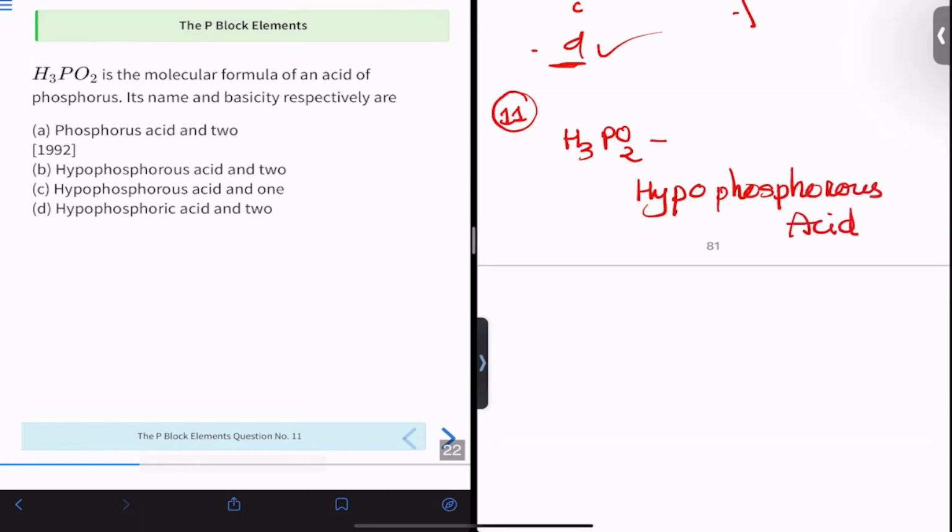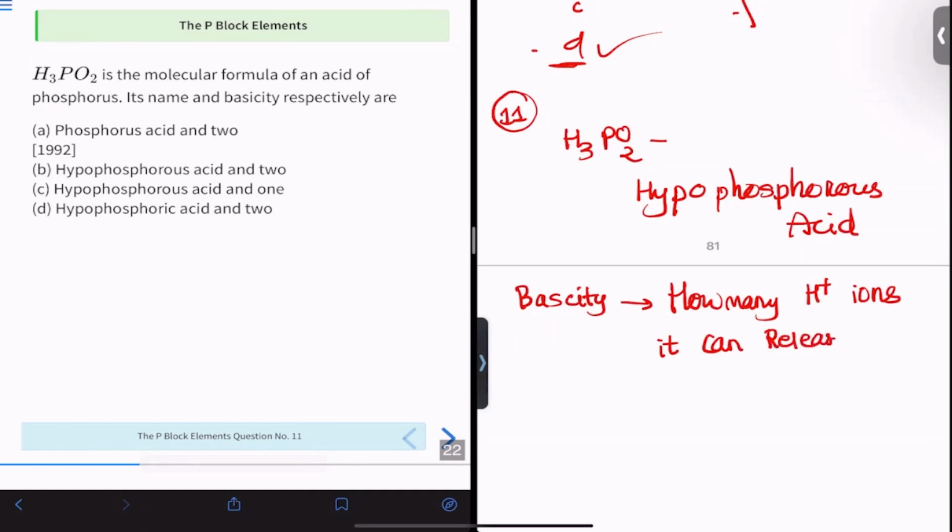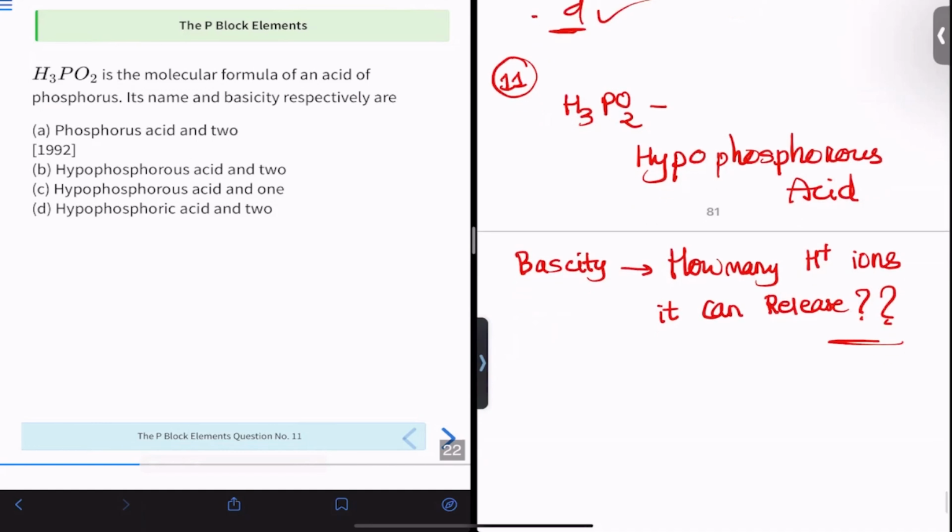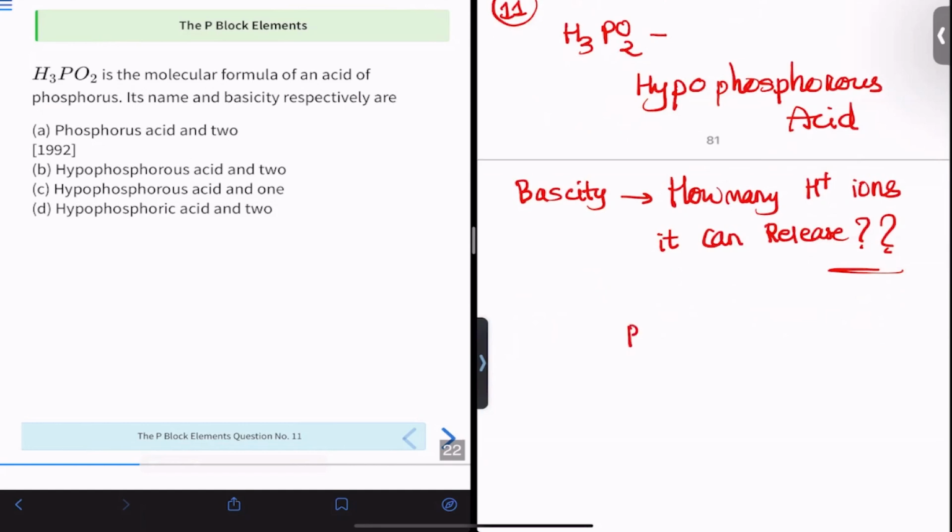And what is the basicity? Basicity of an acid means how many hydrogen plus ions it can release. That is its basicity. So if you draw the diagram for H3PO2, it will be like this: PO, POH, PH, PH.